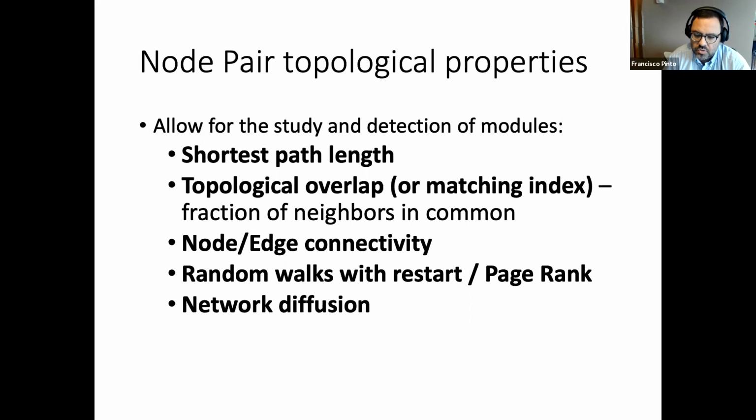That's a way to compute the relationship between two nodes. But in the end, it gives very similar results to random walks with restarts.